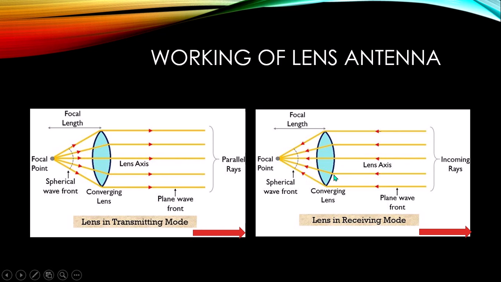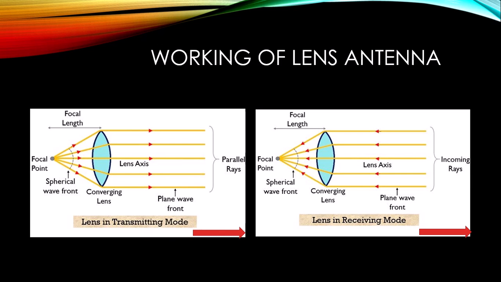So if the focal point is going back, it will emerge into the spherical wave front. The parallel rays are obtained at the right hand side of the optical lens. So the incoming rays go to the left hand side and the parallel rays go to the right hand side, and the signal from the lens antenna using a feed element is transmitted.